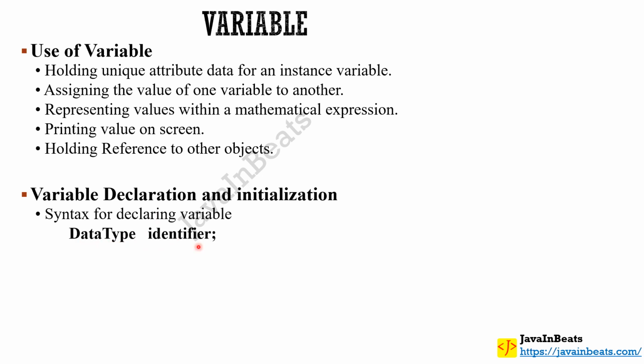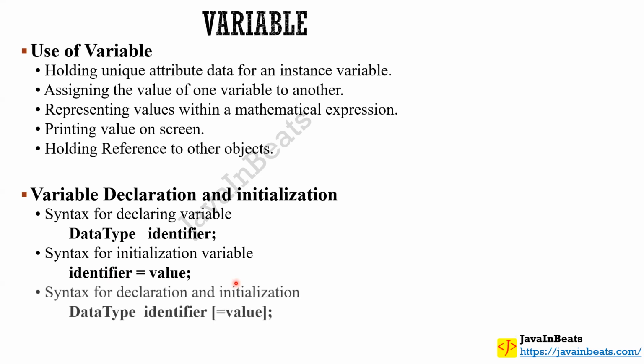This is just a declaration of the variable. In the initialization, we assign value to an identifier. Here we are providing a value to our variable, which is the initialization step. Both of these steps can be combined on a single line like this, where we are specifying a data type, providing the name of the variable, which is the identifier, and specifying a value.